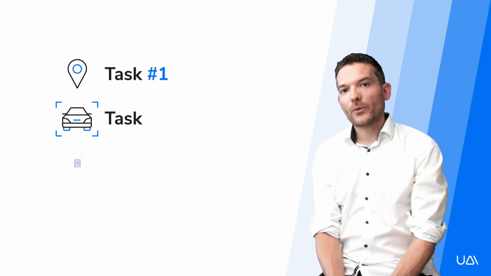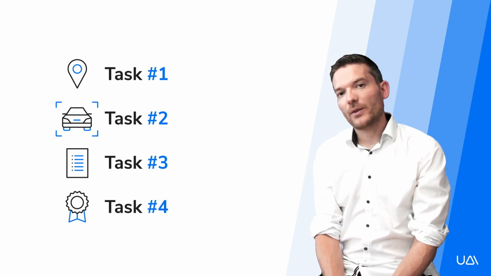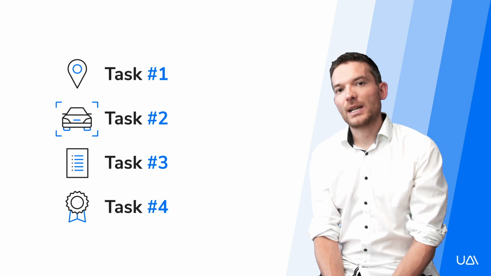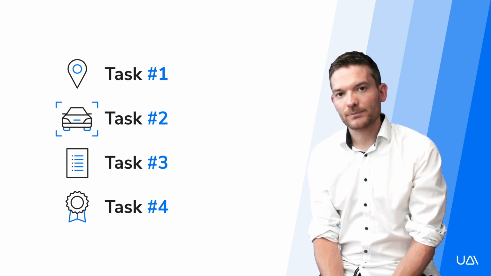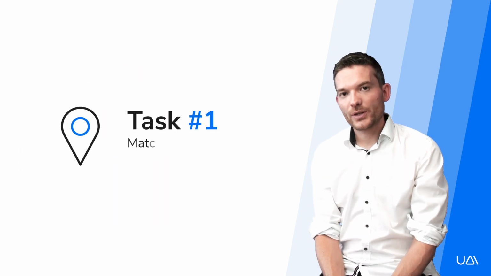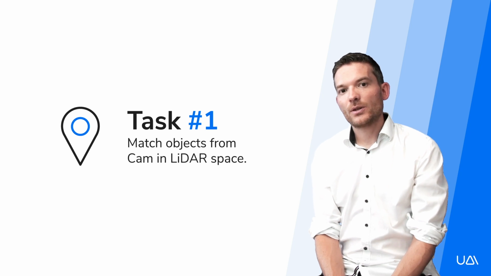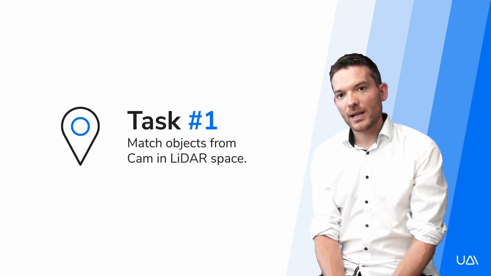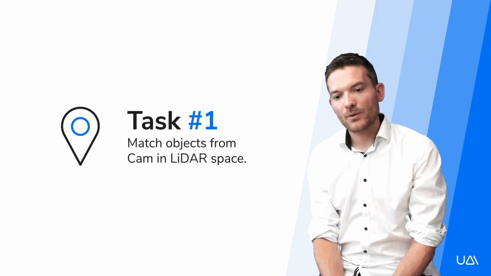To understand automation, you need to understand what manual labeling actually means. So let's go through the sequence of tasks you have to fulfill in order to produce a high-quality annotation. The first step is you have to navigate yourself through the LiDAR scan and through the cam footage.